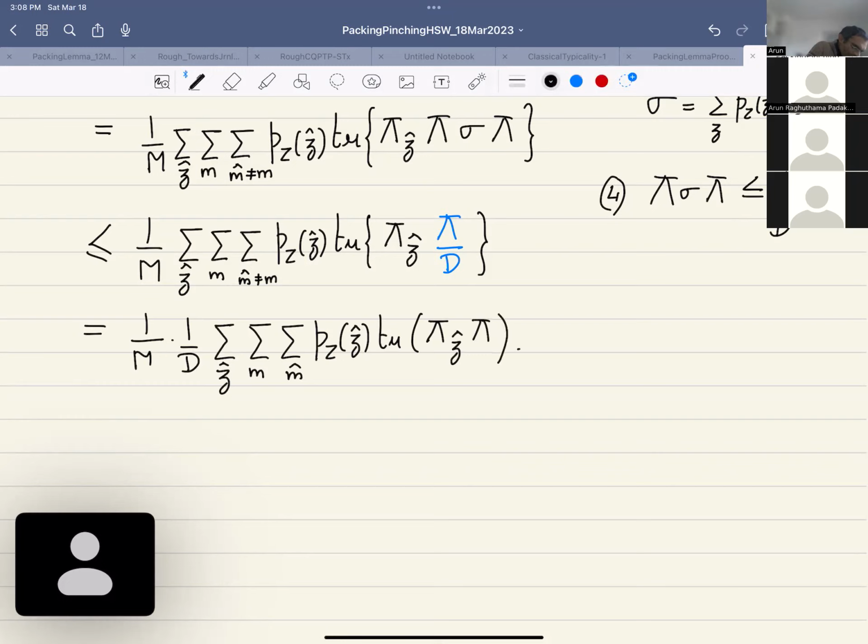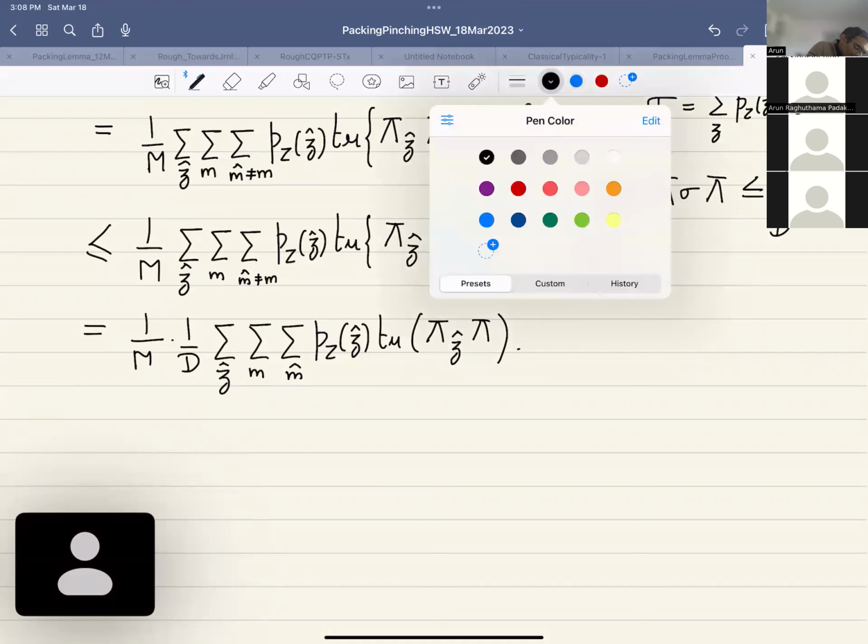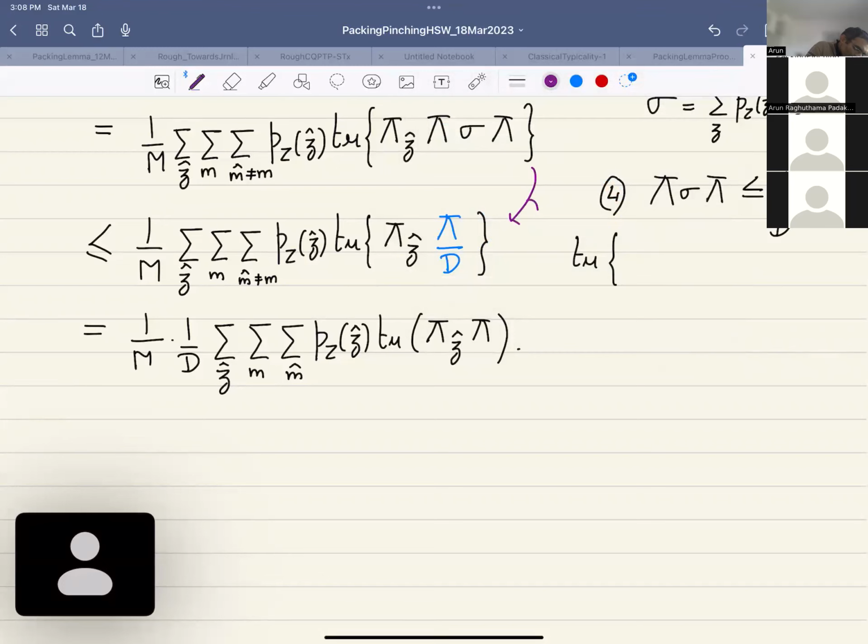So just one thing, when I'm going here, I'm really using the fact that trace. How do I argue this step? This step is argued as follows: trace AB is greater than 0 whenever A and B are greater than 0. Remember, you can't say AB is greater than 0, but you can only say the trace is greater than 0.